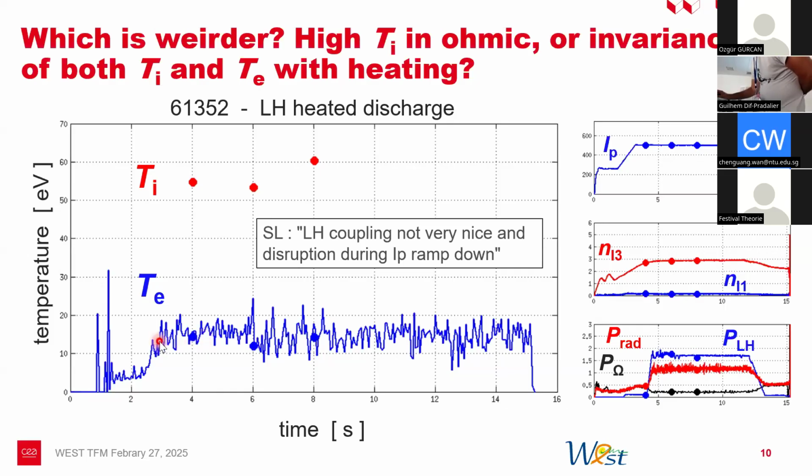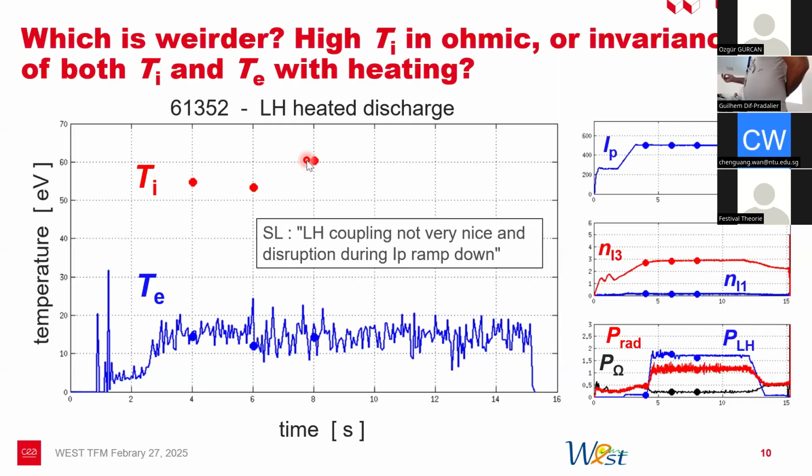You can see that the electron temperature, in this case, doesn't seem to respond at all to the power. There's the third dot there. We're always still about 12 to 15 electron volts. And the ion temperature behaves the same way. It's 55 electron volts when we're still in the ohmic phase, and it doesn't change much with the heating power.